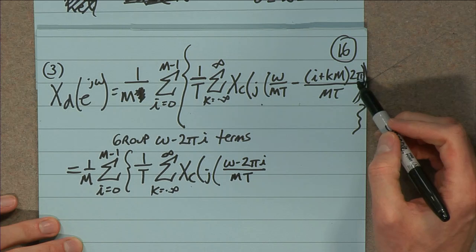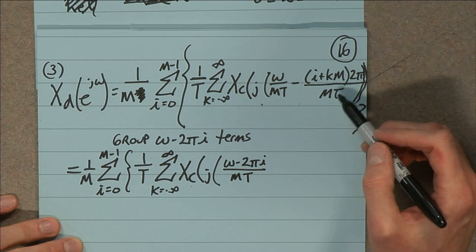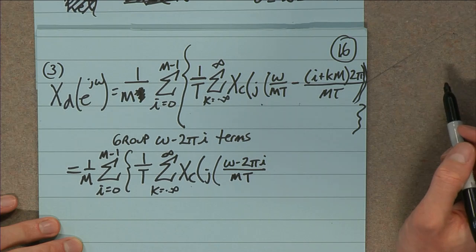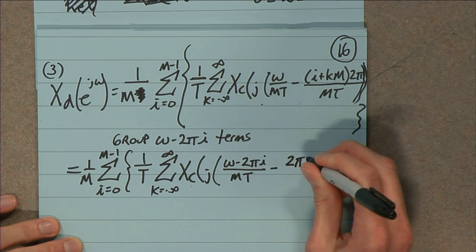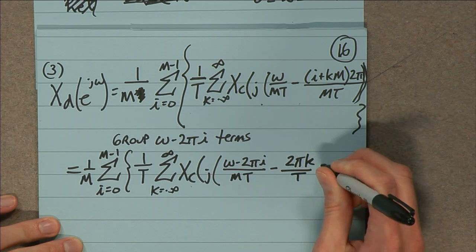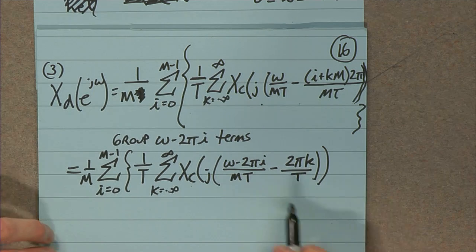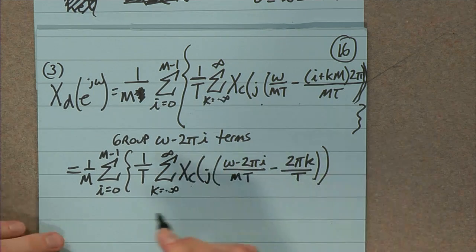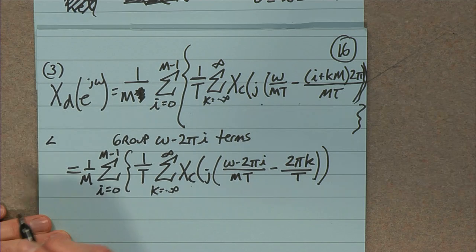Well, it leaves us with the 2 pi times kM over MT. Well, if the M's cancel, it just leaves us 2 pi k over T. So now we're back to this. So let's see if we've got that. And this is equation 4.